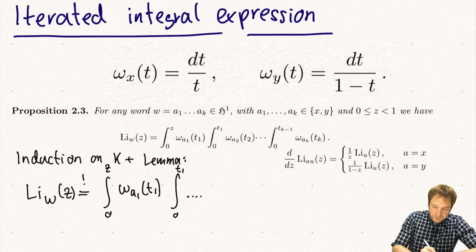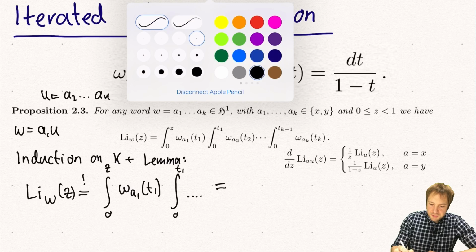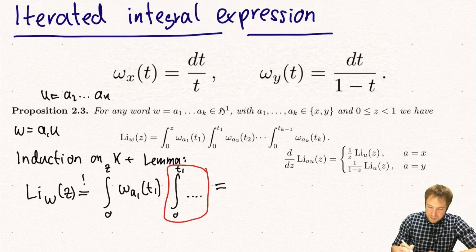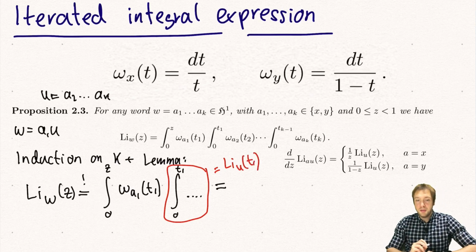But if, so let's say w is a1 u, so u is just a2 up to ak, then this part here, by the induction hypothesis, this is just Li u of t1.